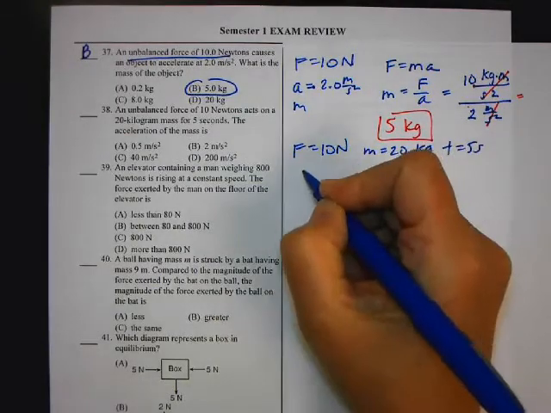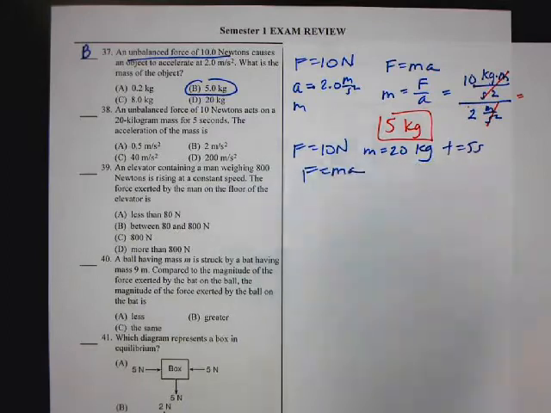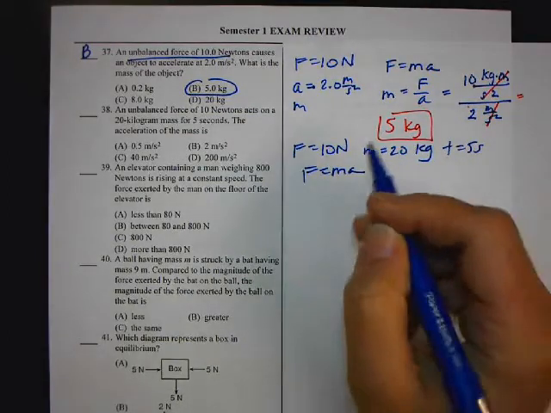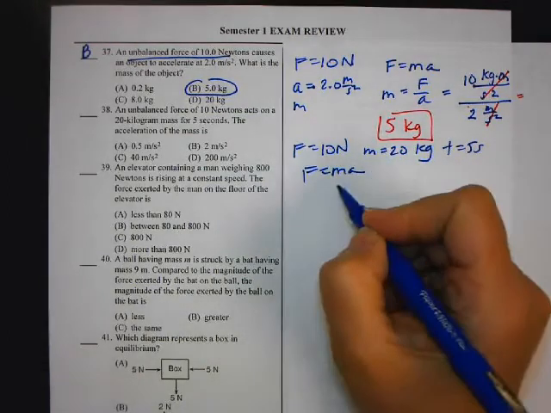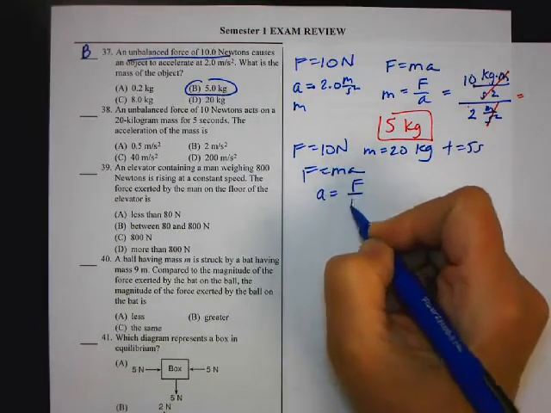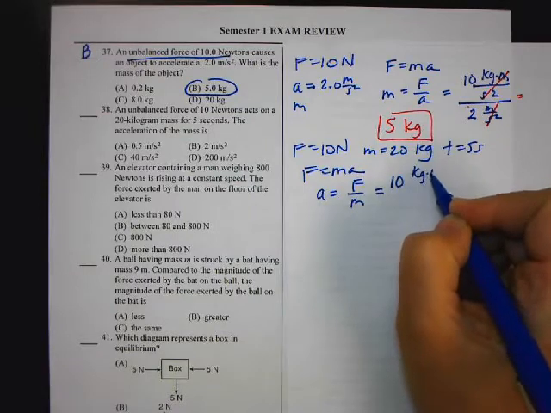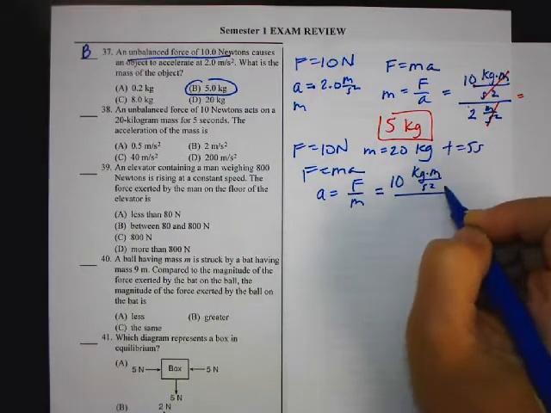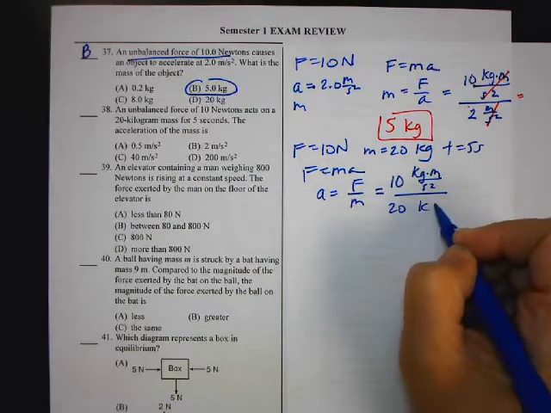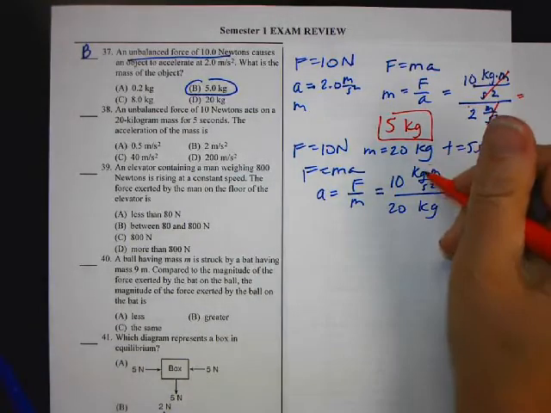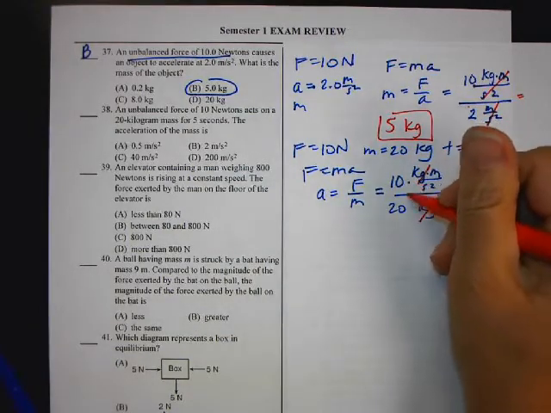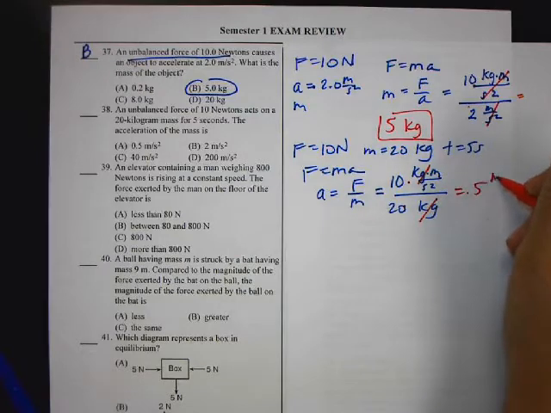Well, I know that F is equal to MA, correct? So I want to find the acceleration. So A is equal to F over M. So it's going to be 10 newtons, so 10 kilogram meter per second squared divided by the mass, which is 20 kilograms. So the kilogram cancels, so 10 divided by 20 is 0.5 meters per second squared.